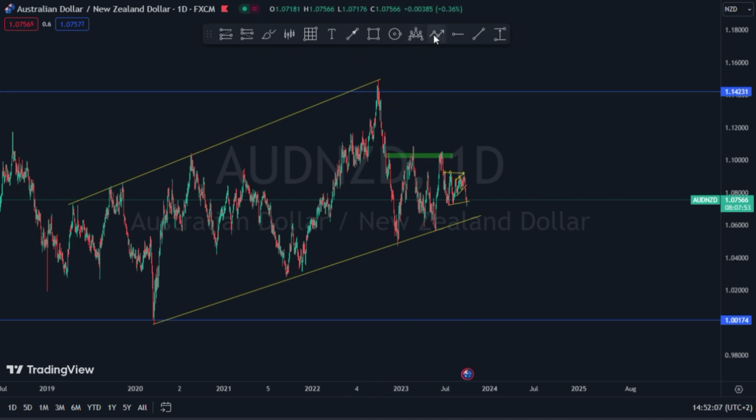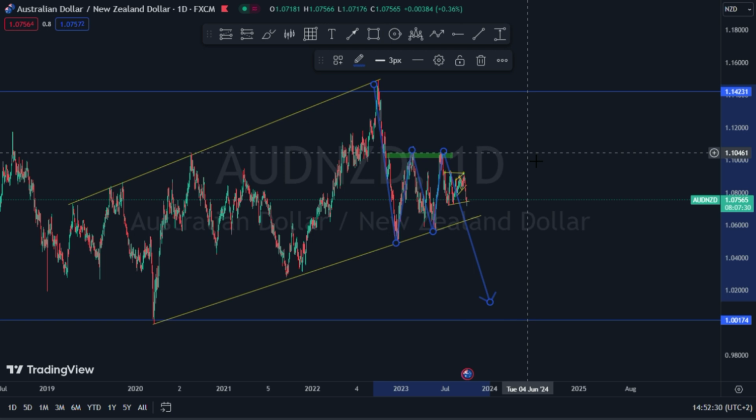So first of all, we had that strong push to the downside, and then after that strong push to the downside, we can now see the market giving us a series of patterns that is confirming that it's gonna continue pushing lower, right? So this is what we look for in the market.